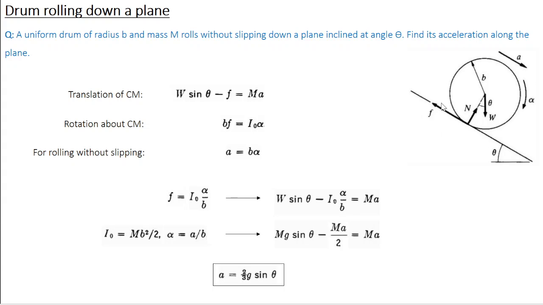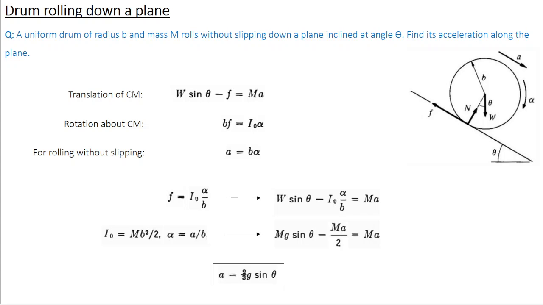Since this is rolling on a surface, there is a normal force N which is acting vertically upward with respect to the inclined plane, and there is always a frictional force which acts against the translation motion. So these are the various forces.